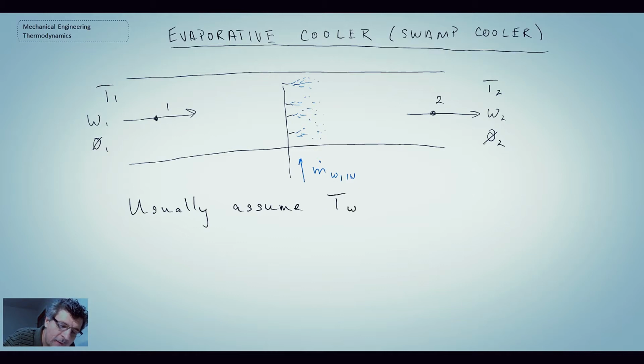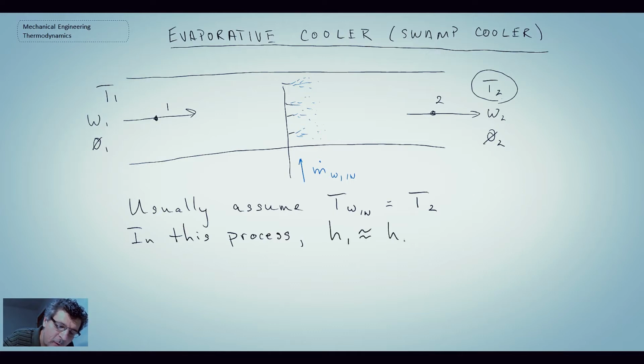So for that, we assume the temperature of the water coming in is equal to the temperature of the fluid stream leaving at T2. And the other thing that we need to do for this process is make an approximation about the enthalpy. And for that, we usually assume that enthalpy at state 1 is similar to enthalpy at state 2.